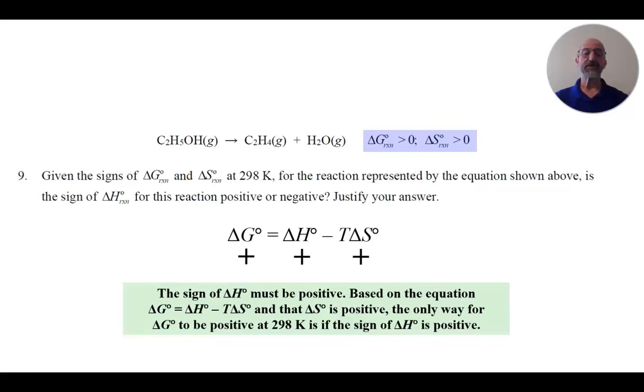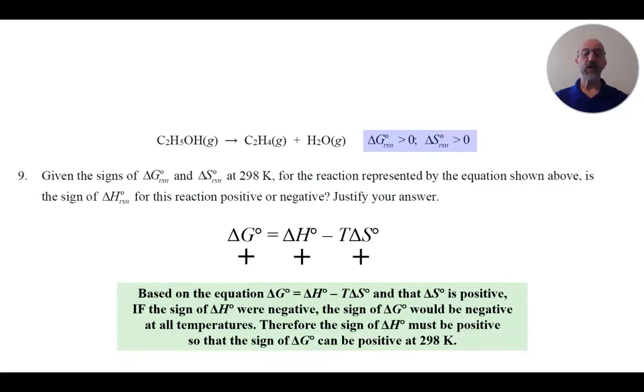And here's an alternate form of my answer to question 9, with a slight variation in the language. So this is another way that you could answer question 9. Based on the equation delta G equals delta H minus T delta S, and that delta S is positive, if the sign of delta H were negative, then the sign of delta G would be negative at all temperatures, which is not consistent with a positive delta G that we are given here in question 9.